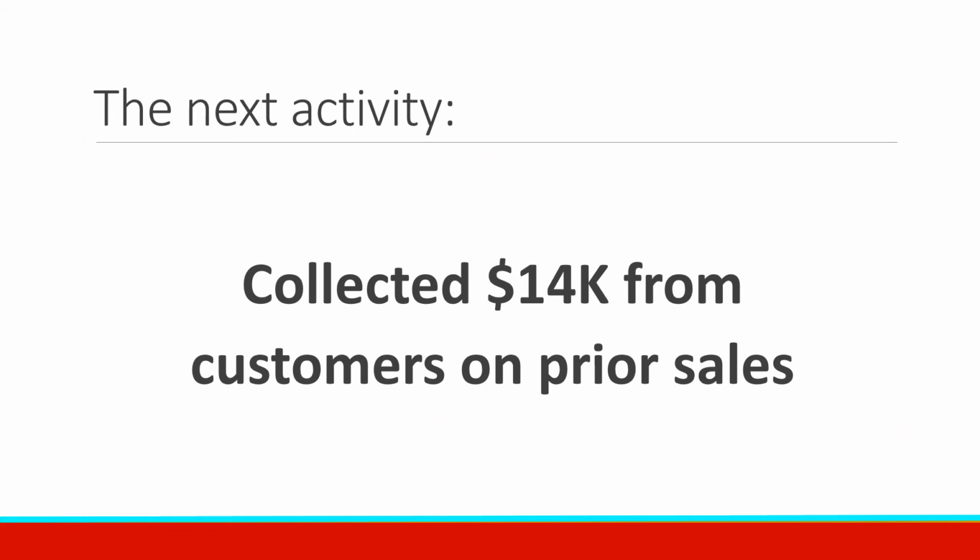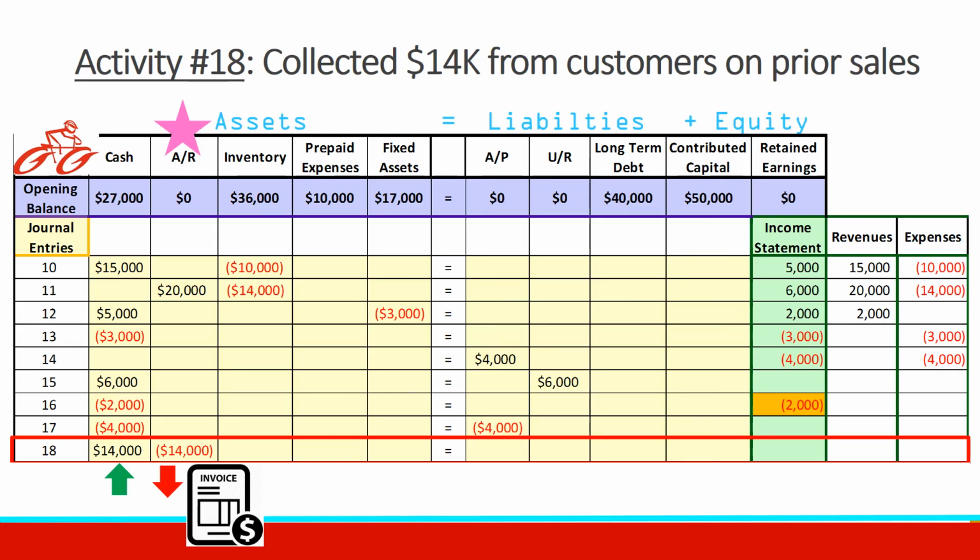We've already reflected the expense when we recorded activity 14. Some of our customers have just mailed us a check for $14,000, so we've collected $14,000 from the customers on prior sales. What this means is cash is going up by $14,000 and accounts receivable is dropping by $14,000. So again, let's look over at the income statement and you'll see there's no revenue and expenses being recorded.